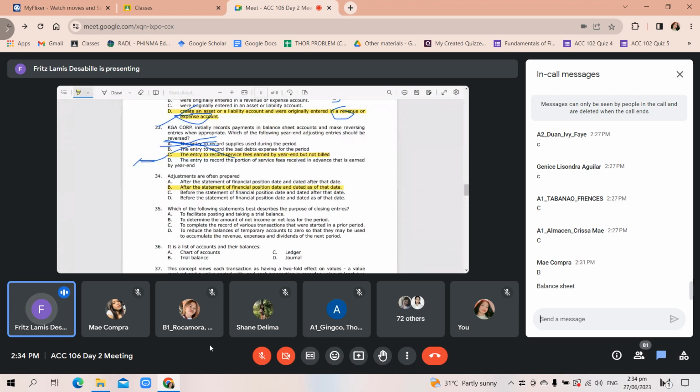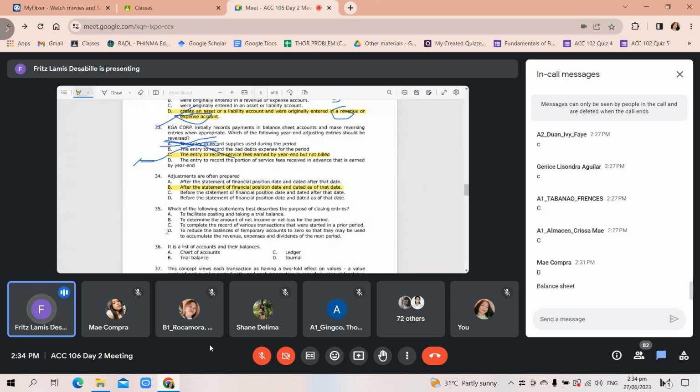So December 31 is the date of our adjusting entries. So number 35, which of the following statements best describes the purpose of the closing entries?